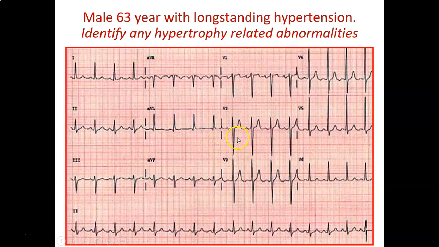See how many big boxes: 1, 2, 3, 3.2. And see which R wave in V5 and V6 is the tallest. V5 is the tallest: 1, 2, 3, 4, 5 plus 3.25. So it becomes more than 8 big boxes. So this is left ventricular hypertrophy. And there is also associated left axis deviation.